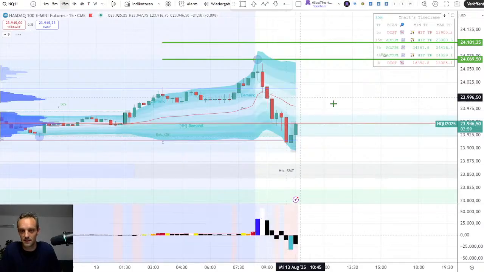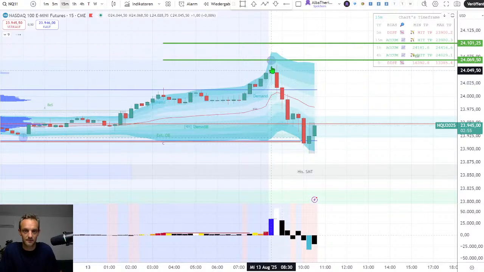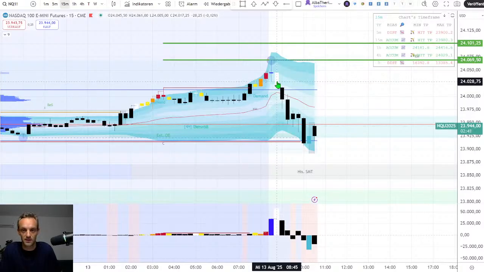You can do as you like, it doesn't matter. We see these colorful candles, and here at this colorful candle, 8:45 New York time, it was already white. The 50-minute candle opened at 8:45, the second one after the US stock market opening.